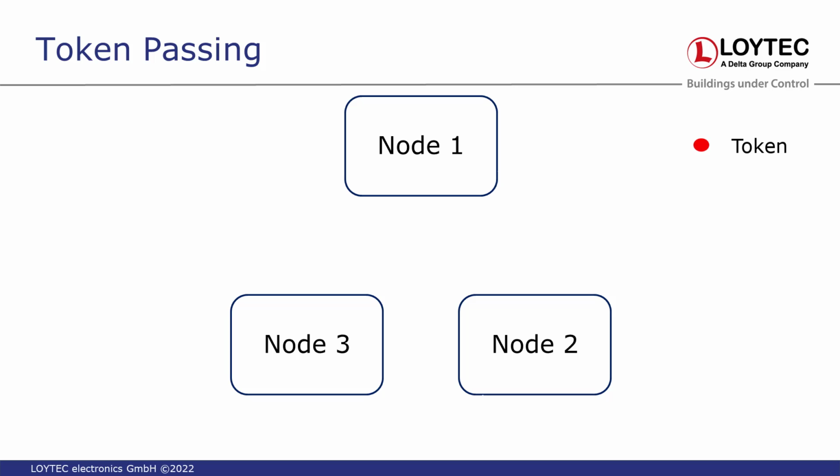This means as soon as an MSTP master node owns the token, it can send several frames to other devices until it has to pass its token to the next node. The max amount of frames a master node can send is defined by the parameter maxInfoFrames. If due to some circumstances the token is lost, the node with the smallest MAC generates a new token. MSTP slave nodes can never initiate a communication, and can therefore only answer to requests of any master node.